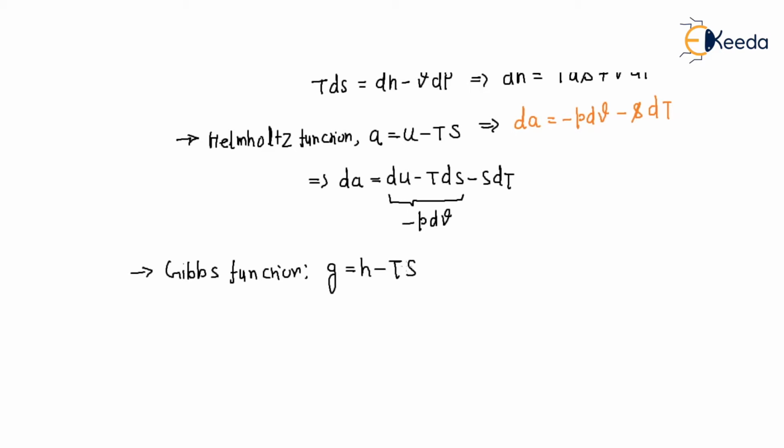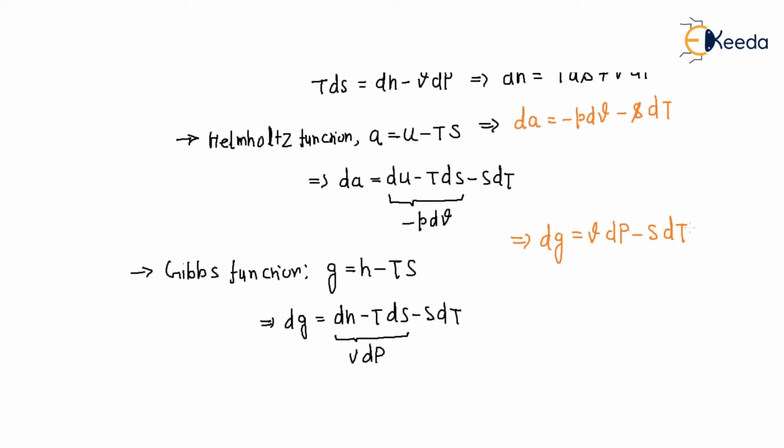If you differentiate it, dg is equal to dh minus tds minus sdt. dh minus tds is equal to vdp, so dg is equal to vdp minus sdt.